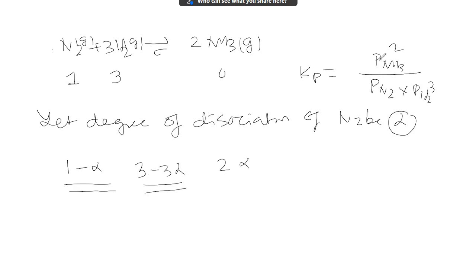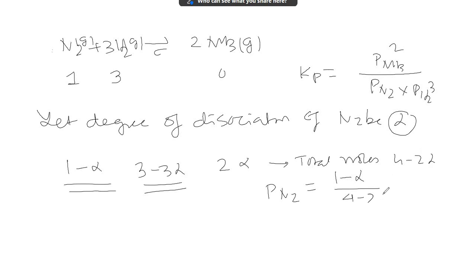Now I have to find out the Kp. In order to find Kp, you should know PNH3, PN2 and PH2. At equilibrium, all of nitrogen, hydrogen and ammonia are present in the system. So in a mixture of gas, partial pressure is equal to its moles, that is 1 minus alpha, divided by total moles. If I add them, total moles will be 4 minus 2 alpha.